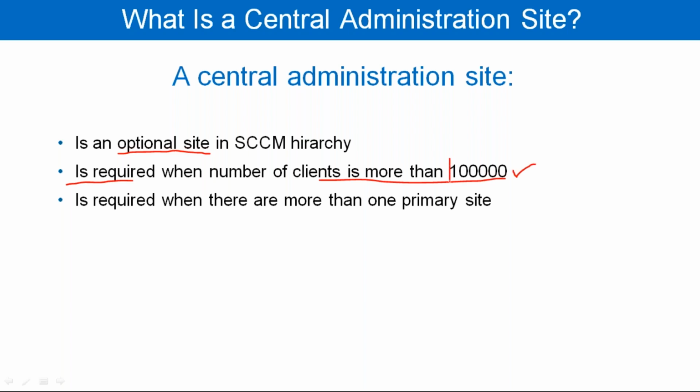If you have more than 100,000 devices, then you need a central administration site. The second requirement is if you have more than one primary site, then you need a central administration site. These are the two requirements. Otherwise, a central administration site is not required at all.